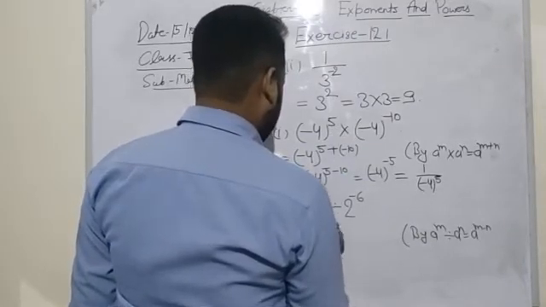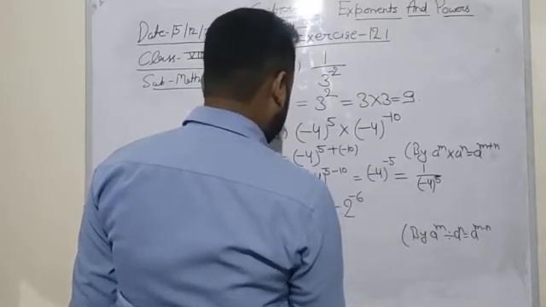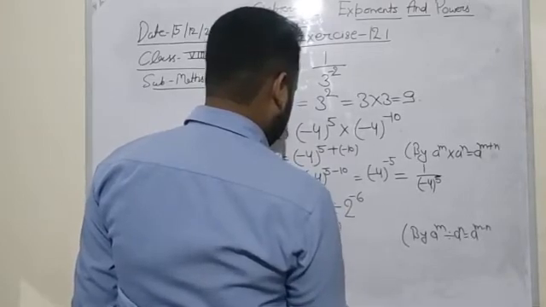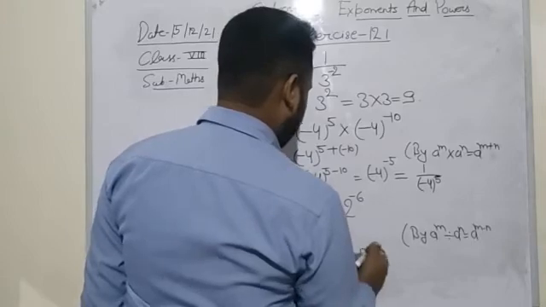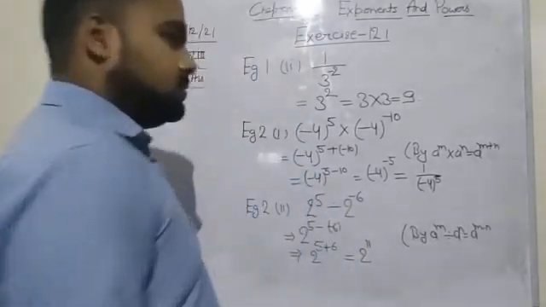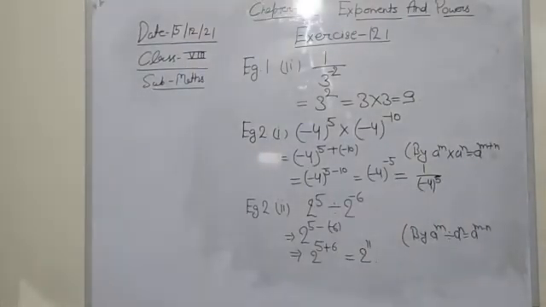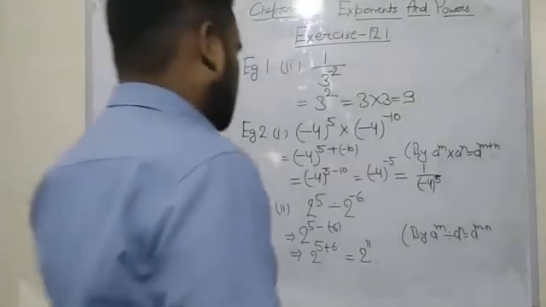So 2 to the power 5 minus minus 6, so 2 to the power 5 plus 6, that is 2 to the power 11. So note it down. Now the next example.